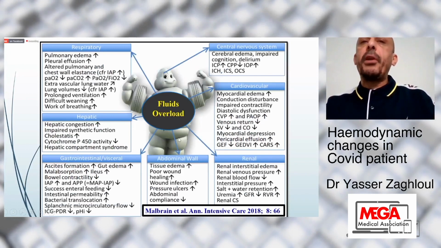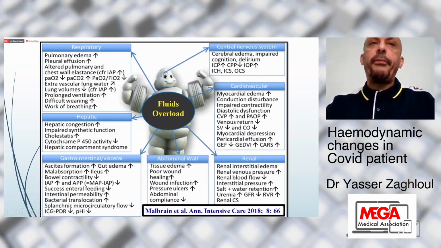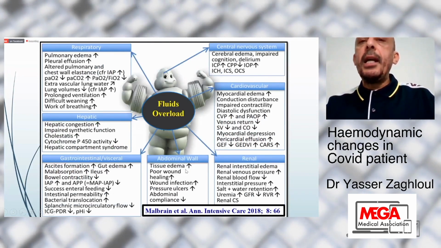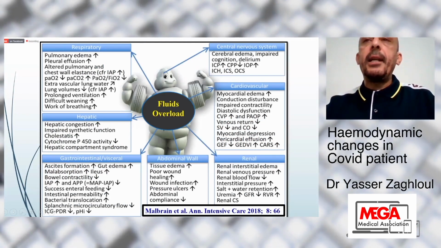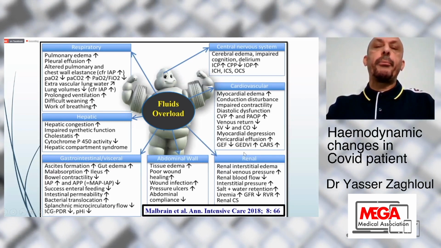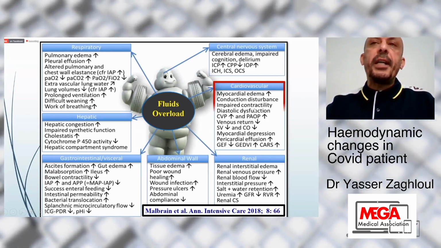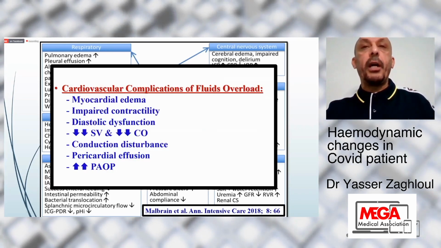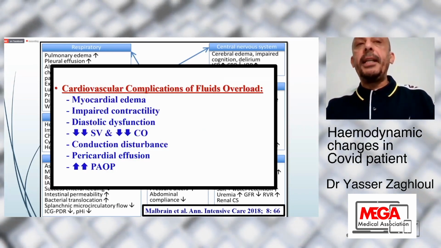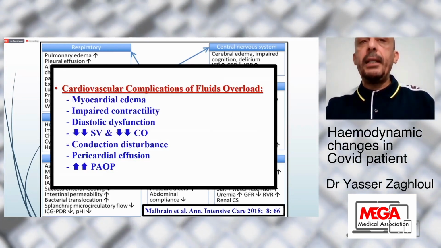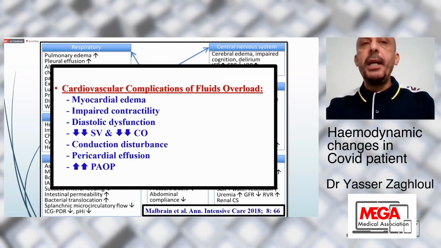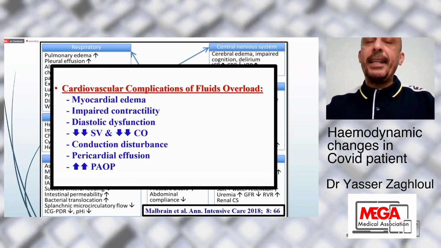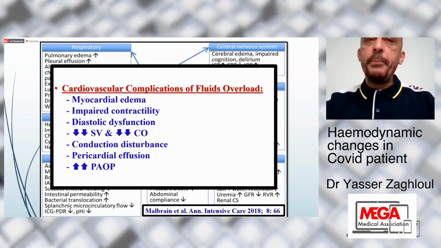Generally, fluid overload has a lot of systemic effects: respiratory, hepatic, gastrointestinal, abdominal wall problems, renal, cardiovascular, and CNS problems. We will focus on the cardiovascular problems in patients receiving a lot of fluids: myocardial edema, impaired contractility, possible diastolic dysfunction, and a decrease in the stroke volume and the cardiac output secondary to the impaired contractility.